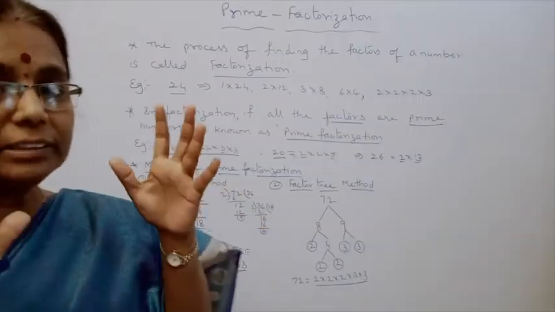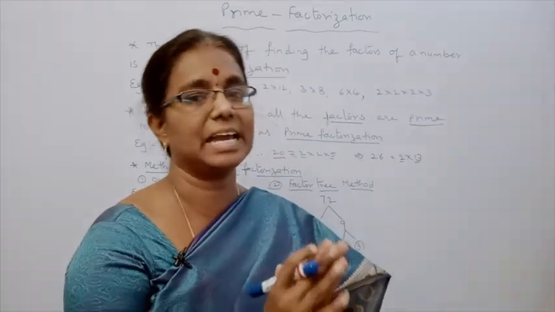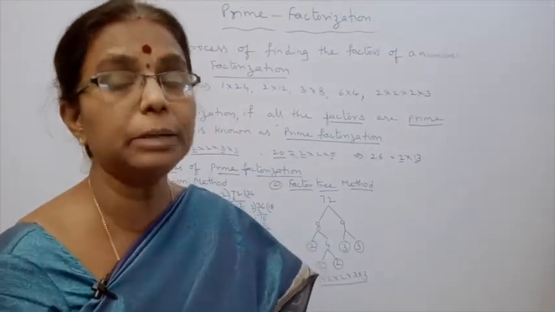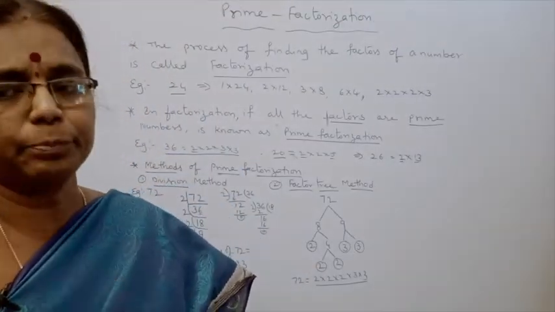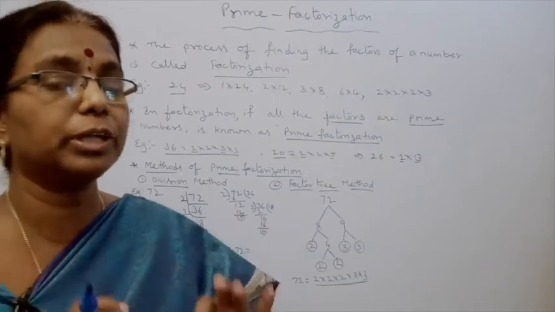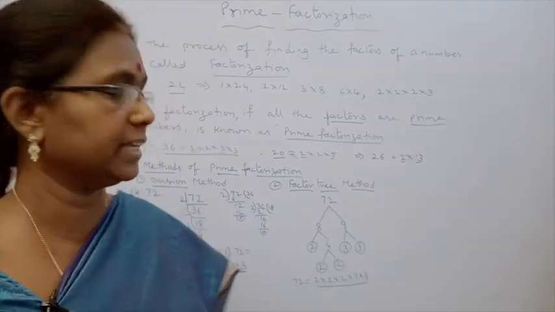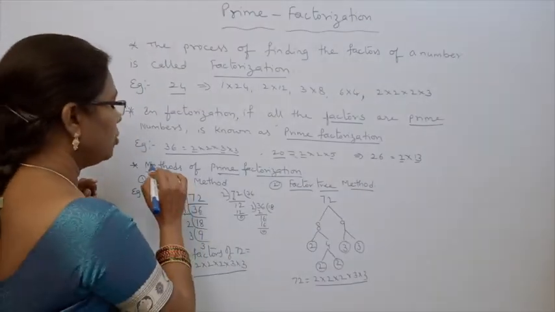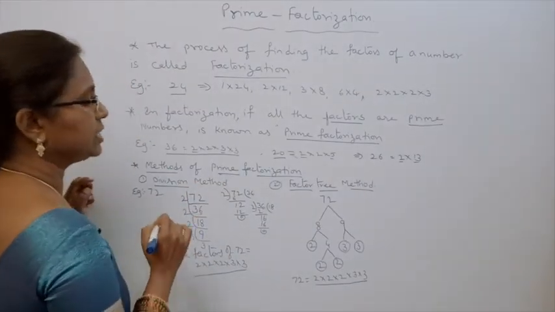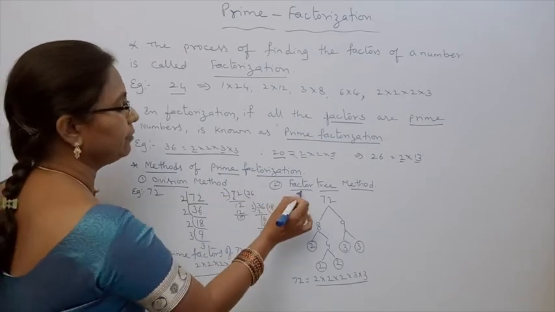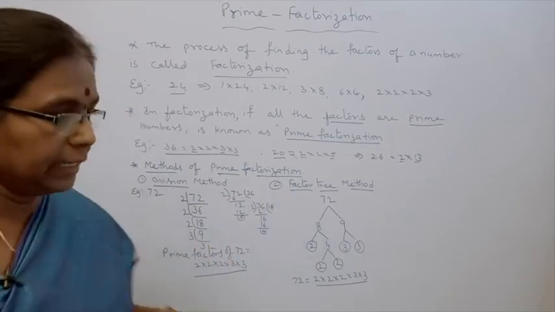But when you take only prime numbers as factors, that is called prime factorization. Prime numbers are 2, 3, 5, 7, 11, 13, 17, 19 like that. There are 2 methods in prime factorization: division method and factor tree method.